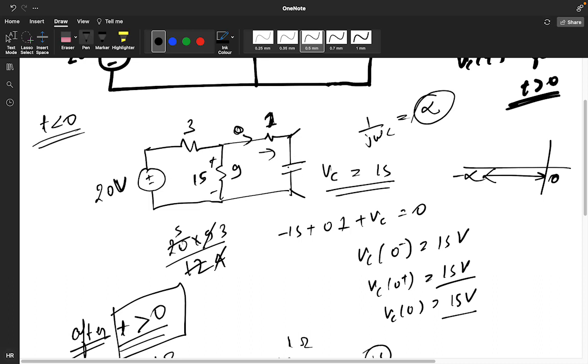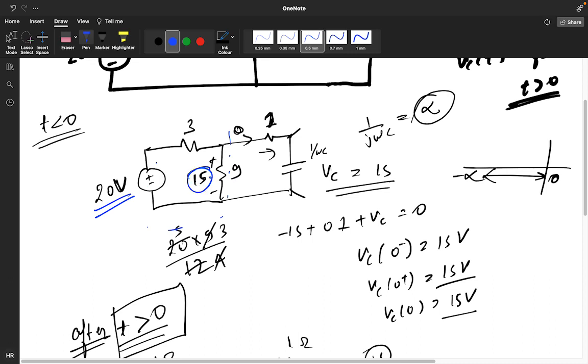Whatever the voltage of this capacitor, it gets stored. And with 1 by j omega c, it will also become an open circuit. If it is becoming an open circuit, that means its current is 0. So from here I did the voltage divider rule, because it's open. So 20 into 9 divided by 12, I am getting 15 volt.